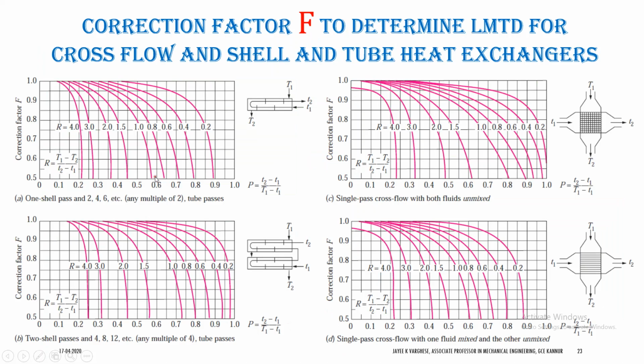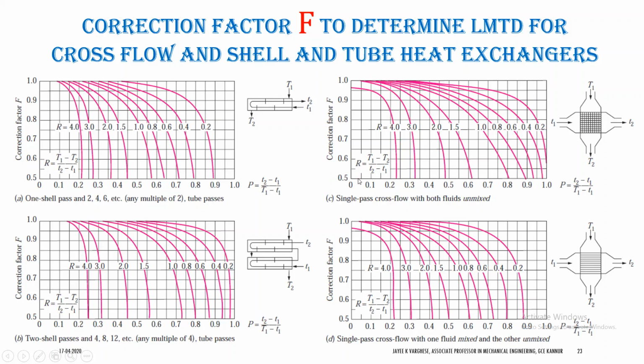These are the charts available, taken from a textbook. The same charts are available in the data book, the HMT data book by C P Kothandaraman also. This is the correction factor F to determine LMTD for cross flow and shell and tube heat exchangers.